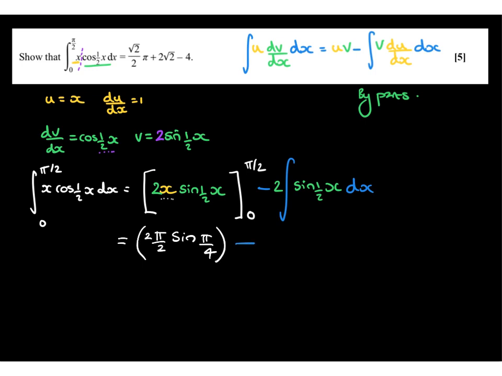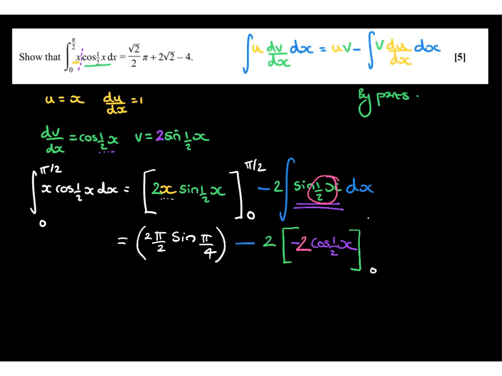subtract 2, and then integrating this part here, this sine a half x. Sine integrates to negative cosine, so we get negative cos a half x, but we need to divide by the derivative of the inner function here. The derivative of a half x is a half, dividing by a half is the same as multiplying by 2, so we need that there.